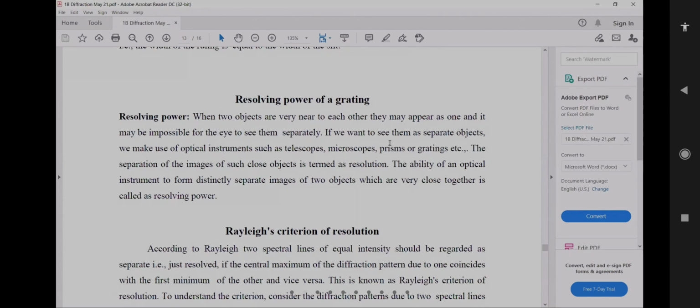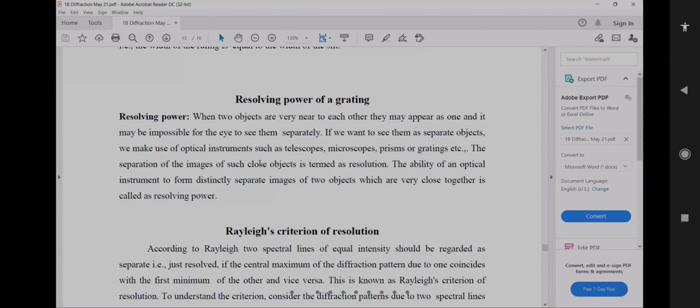If we want to see them as separate objects, we make use of optical instruments such as telescopes, microscopes, prisms, or gratings. The separation of the images of such close objects is termed resolution. The ability of an optical instrument to form distinctly separate images of two objects which are very close together is called the resolving power.